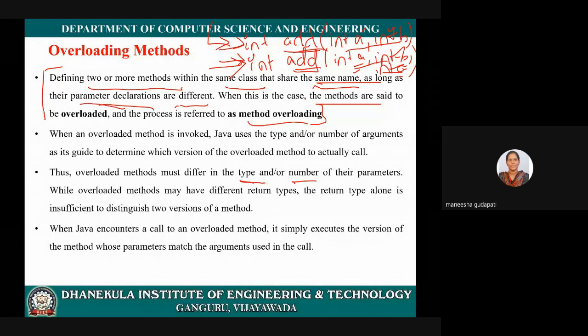What do you mean by method overloading? Defining two or more methods within the same class, sharing the same name and different parameter list and return type. Then it is called method overloading. Let's see some examples.